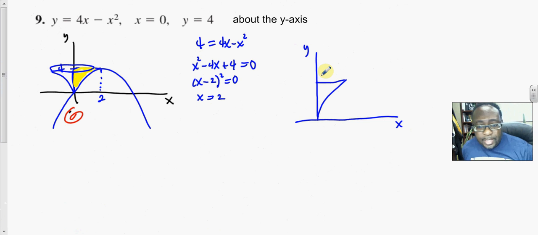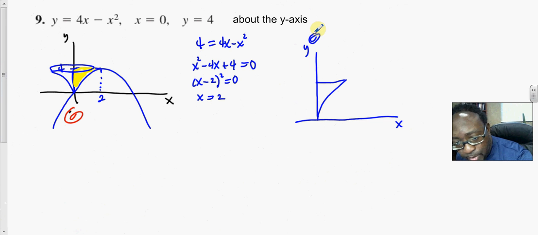If we're revolving about the y-axis, then the radius is parallel to it.